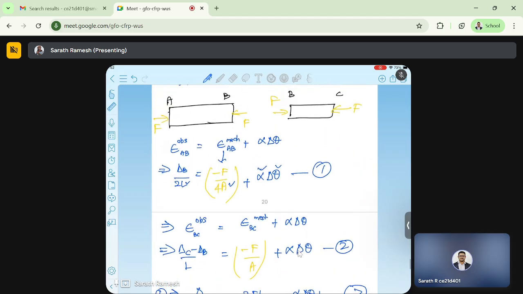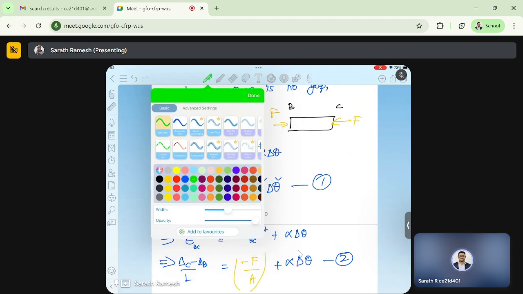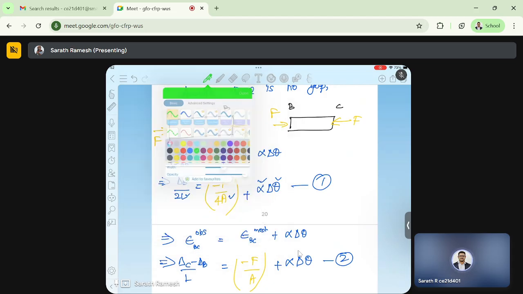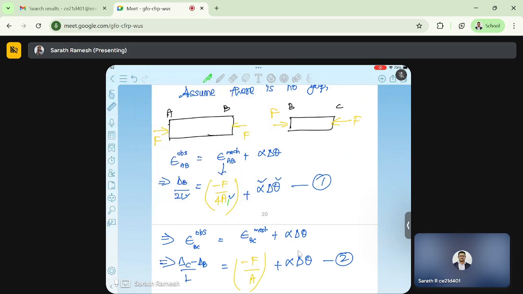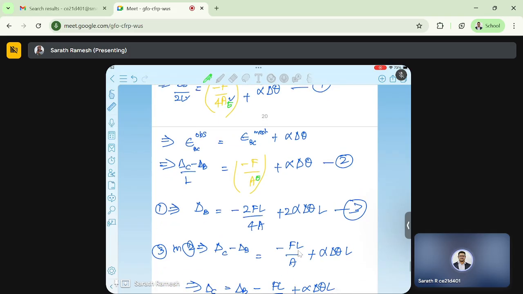So this is a huge problem. Actually, what I have written is stress, force by area. Sorry for that. So this has to be E, right? E should be there, and here also E should be there. Very sorry about this.